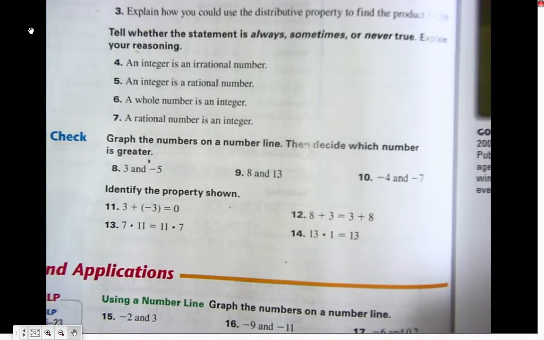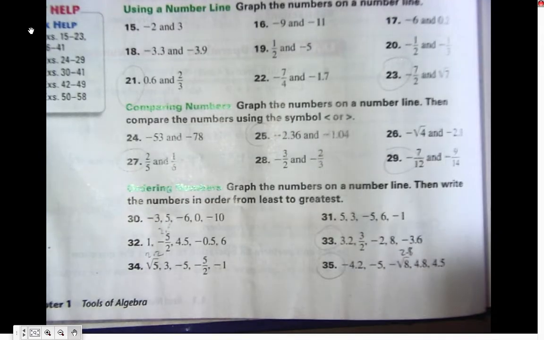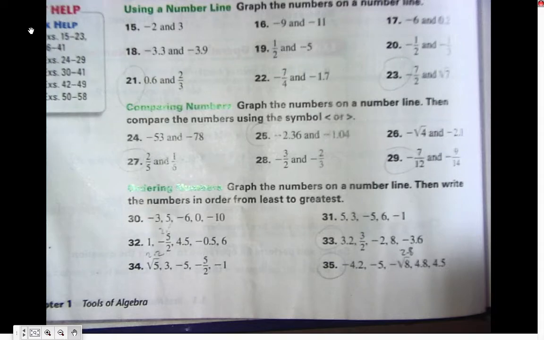There we go. So we're going to start at number 21, and some of these first ones are pretty quick, but at the top of your page, page 6 and 7, 21 to 29 odd, and again it's on the sideboard. Mr. Long is passing out paper for you with number lines on it. 33, 35, 36, and 38.